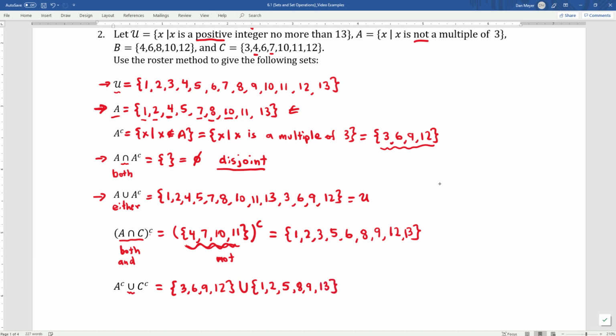All right, so those are all the elements that are not in C. That would be C complement.